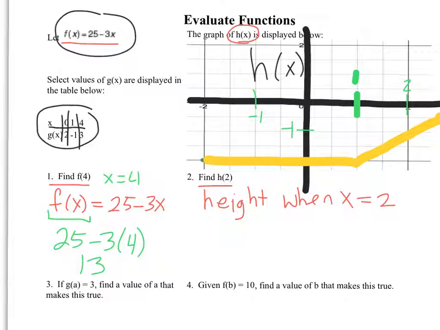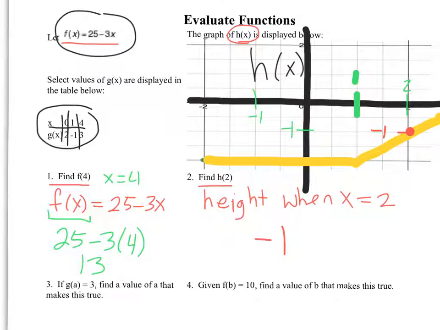Okay. So what we're doing is we're looking for when x is 2. I'm going to find where this graph is, and it's right there when x is 2. There's my 2 line. And at this place, we have a height of negative 1. So the answer to this problem is negative 1.